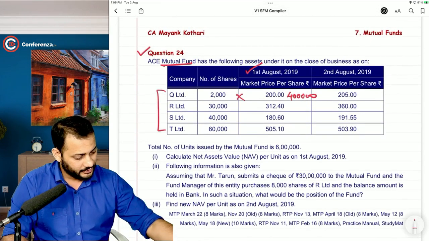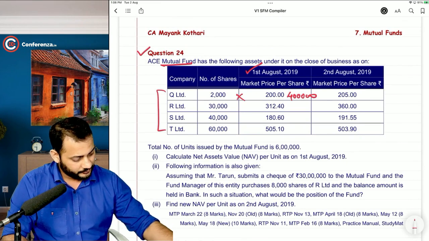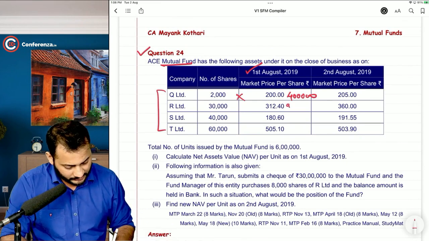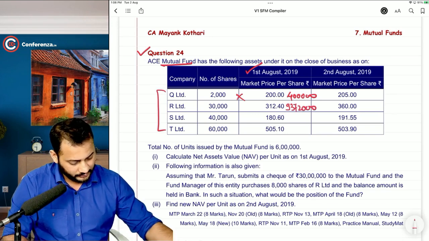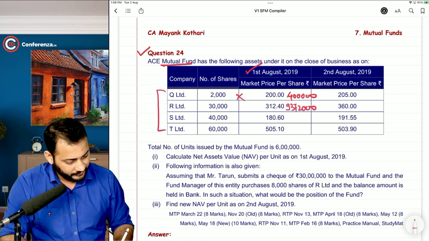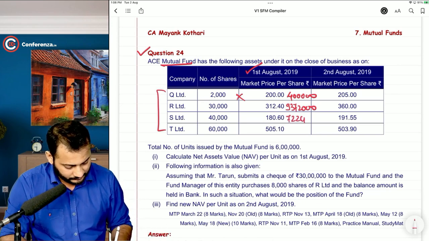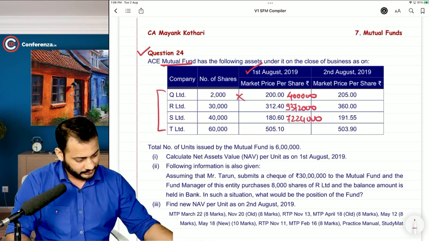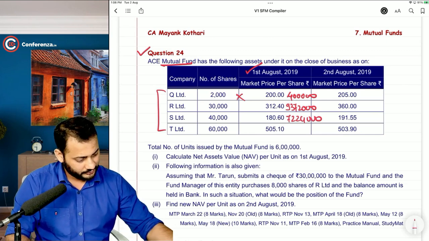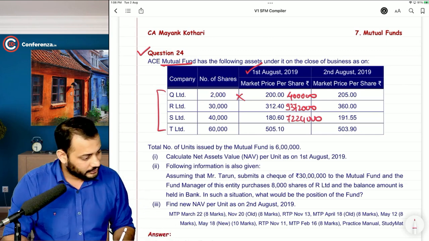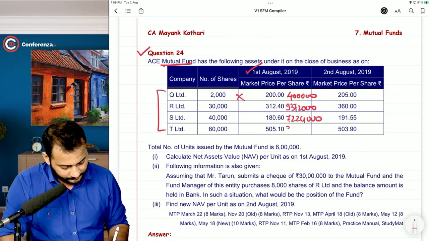Okay, let's do that. 312.40 into 30,000, that's 93 lakhs 72,000. Then 40,000 into 180.60, 72 lakh 24,000. Then 60,000 into 505.10, that's 3 crore 3 lakh 6,000.